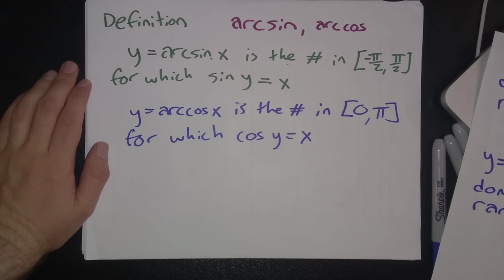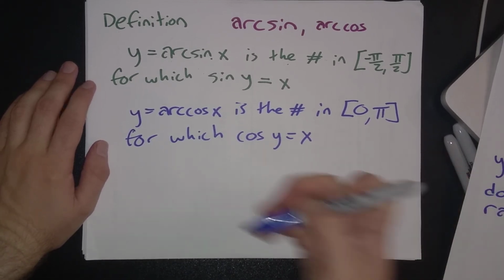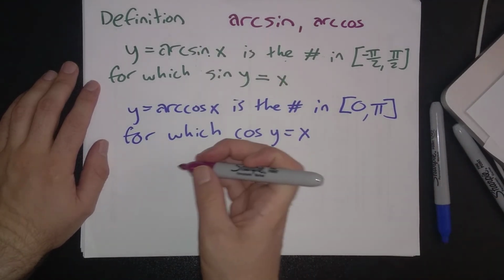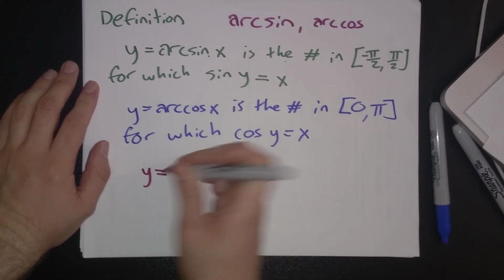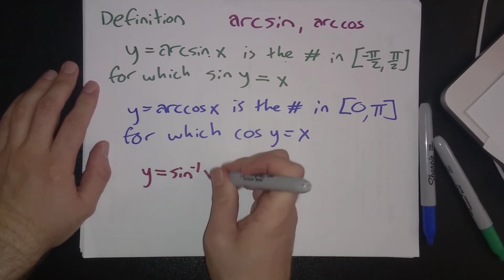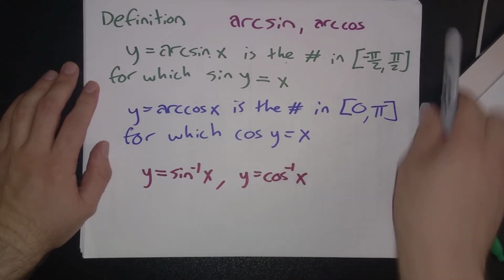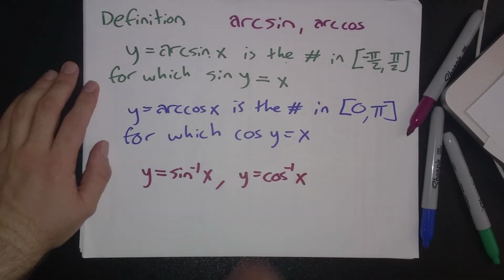Y is equal to arccosine x is a number in the interval from 0 to pi, for which cosine of y is equal to x. And I should note here that I'm using arcsine and arccosine. We also sometimes write this as y is equal to sine inverse of x, and y is equal to cosine inverse of x. So arcsine is this, arccosine is this.